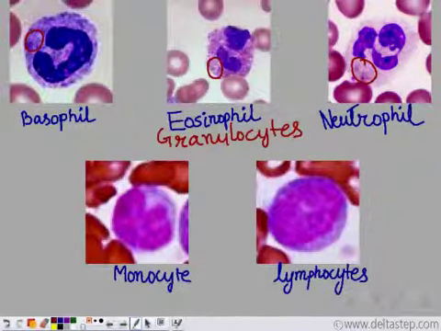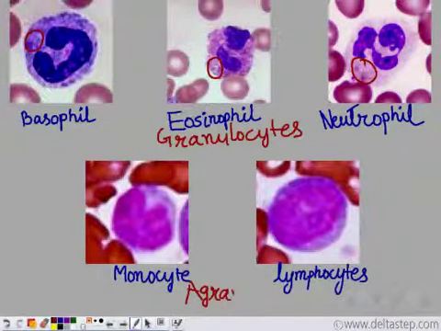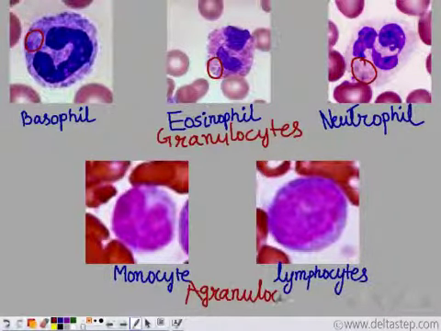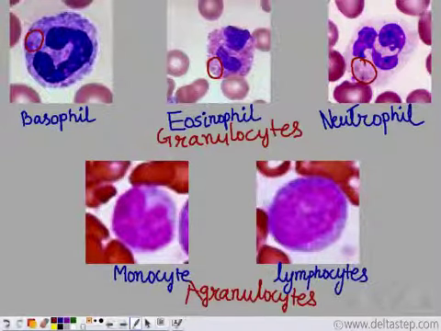So there are granulocytes and agranulocytes which form all the white blood cells that are present in our body.